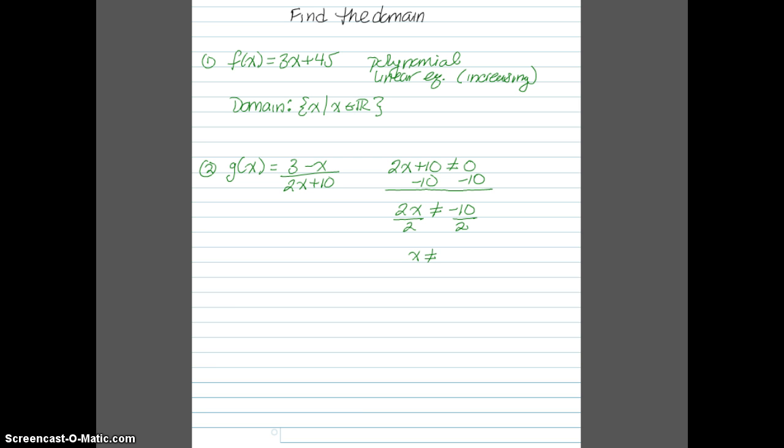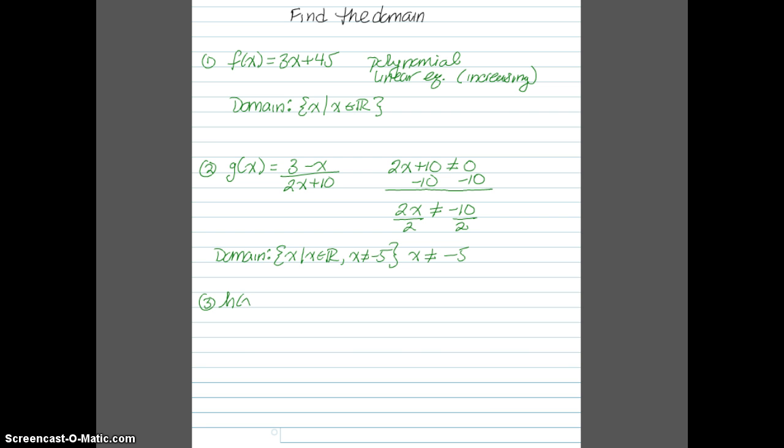Here we know x is not equal to negative 5, which means we're taking all real numbers but excluding when x is equal to negative 5. And again, in set notation, we have the set of all x such that x is a real number, but x is not equal to negative 5. And you could represent that in interval notation as well.